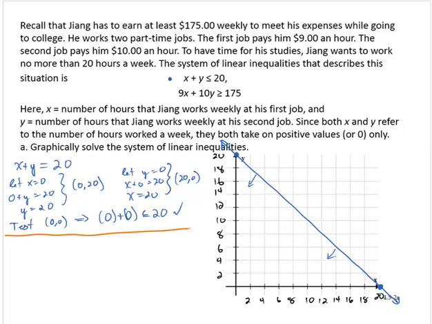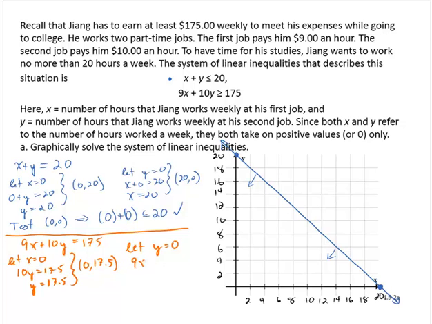Alright, now the second inequality, we have 9x + 10y ≥ 175, and for the moment I'm going to think equals 175. So letting x equal 0, then I have 10y = 175, which means that y is equal to 17.5, and so I have a y-intercept of (0, 17.5). Letting y equal 0, I have 9x = 175.